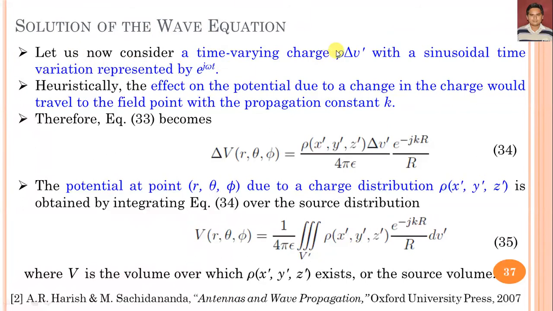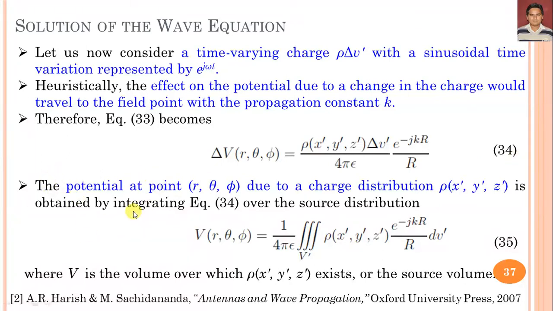Let us consider a time varying charge rho delta V dash with a sinusoidal variation represented by e to the power j omega t. Heuristically, the effect of the potential due to a change in charge travels to the field point with the propagation constant k. So equation 33 becomes delta V, using the expression represented in equation 34.